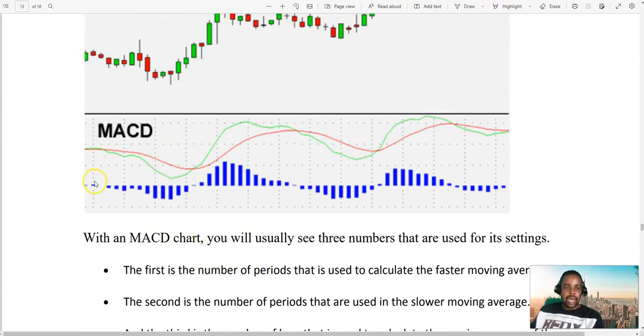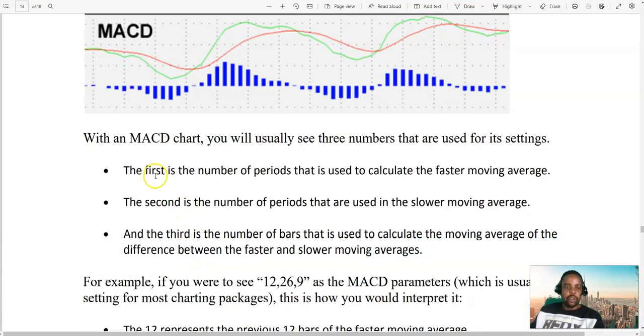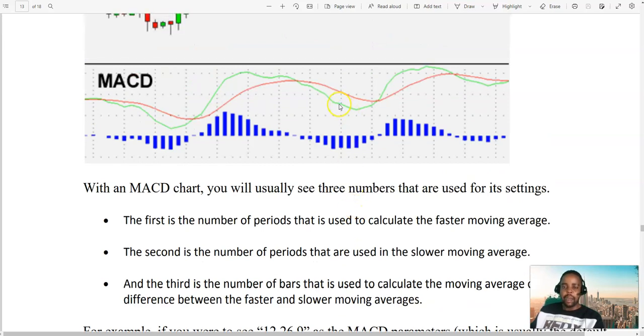Here the first is the number of periods used to calculate the faster moving average, possibly the green one, and then the second is the number of periods used in the slower moving average.